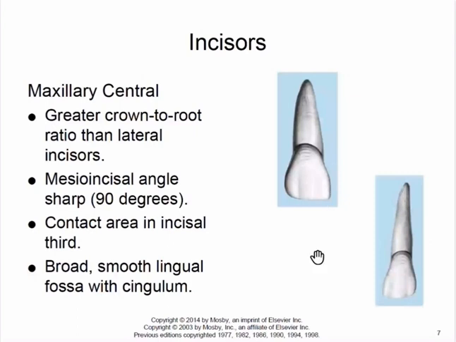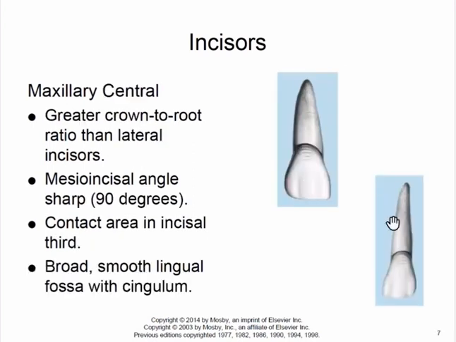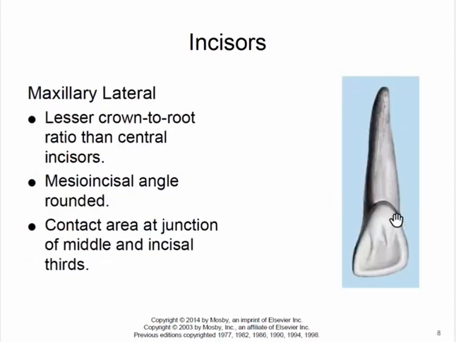The contact areas are always found in the incisal third. We have a fossa and a cingulum that is very prominent in the central incisor, and more rounded in the lateral incisor.